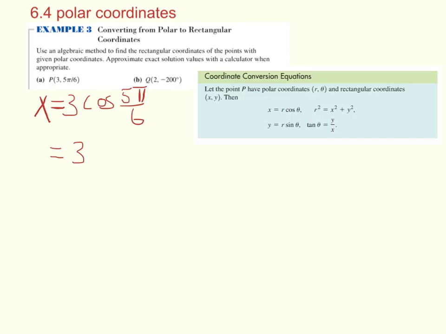So 3 times negative root 3 over 2 is going to be negative 3 root 3 over 2.